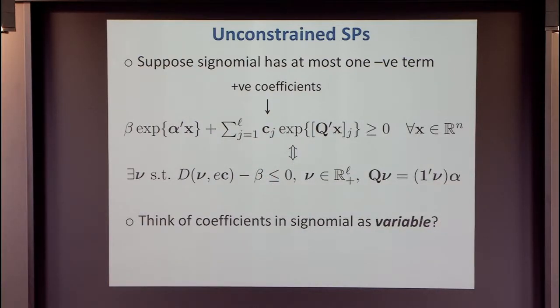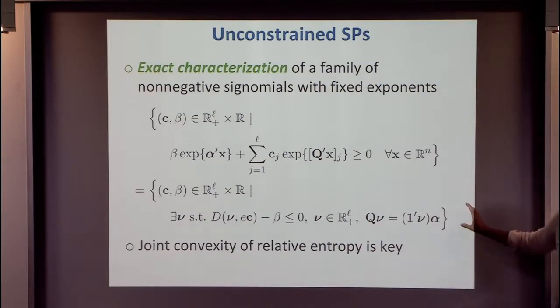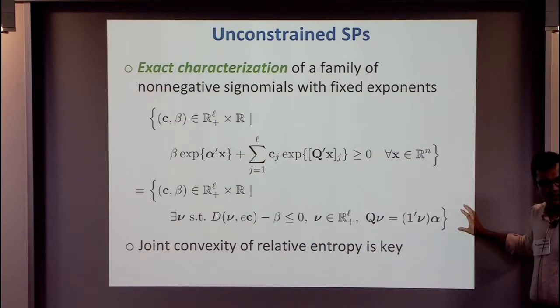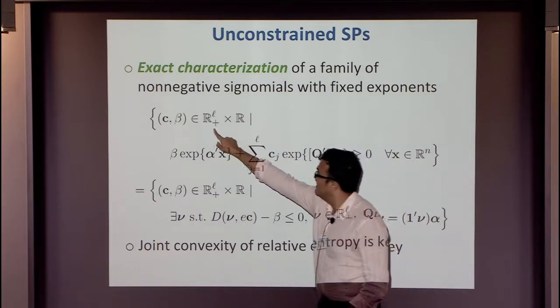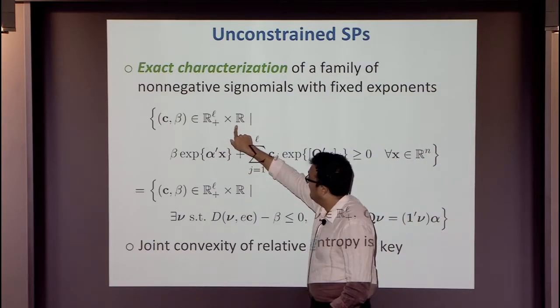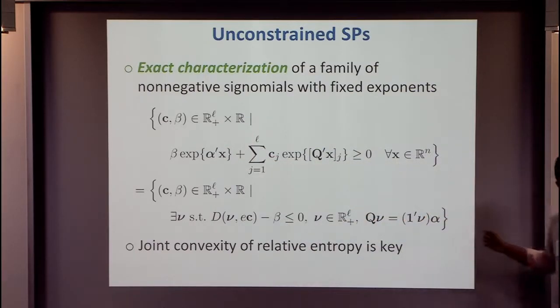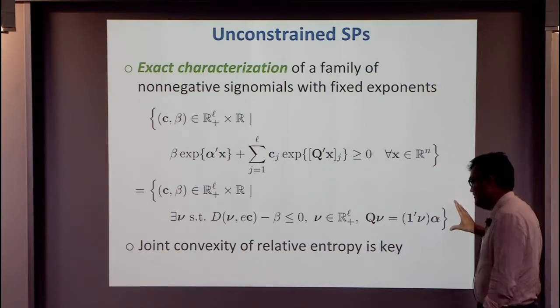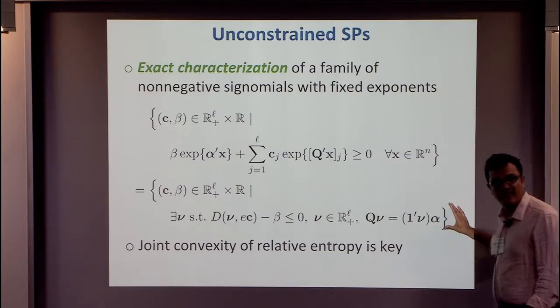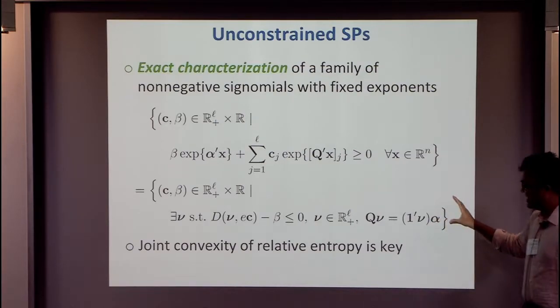And that set has a nice convex parameterization based on the result that I just described. So the set of all C's that are non-negative and betas where this is true can be written in this way.